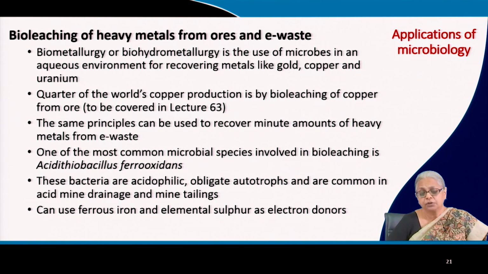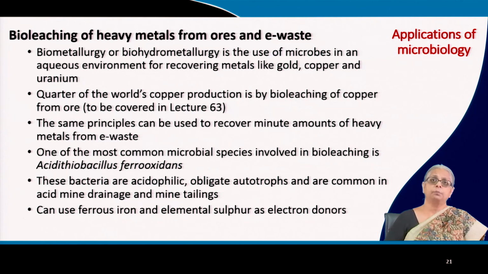One quarter of the world's copper production is considered to come from the bioleaching of copper from the ore. So this has proved to be the most popular way of extracting copper from ore. And the same principles that are used in bioleaching of copper from ore can be used to recover these heavy metals from electronic waste.